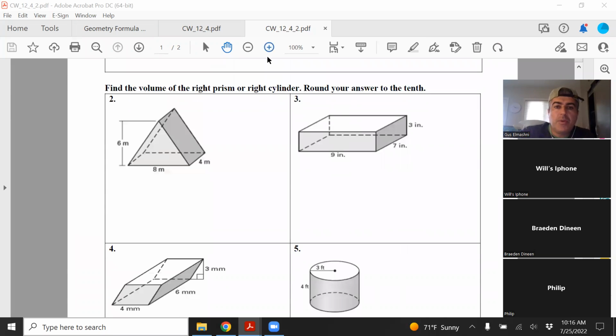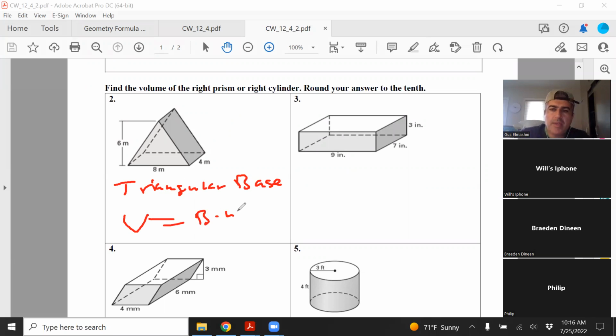Okay, so for number 2, you're asked to find the volume, and you've got to think of the base as being a triangle. So volume is base times height. Imagine you were to take the triangular face and have it sit on the table, like a triangular piece of cheese.